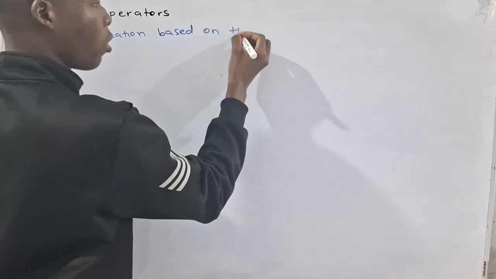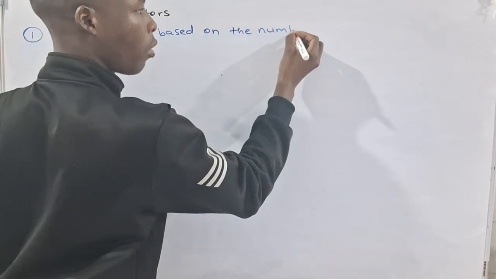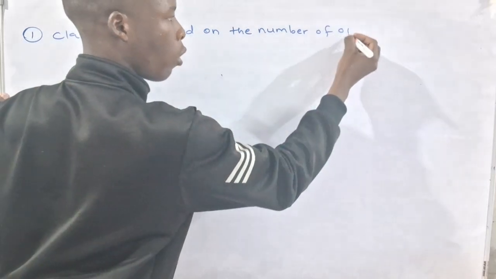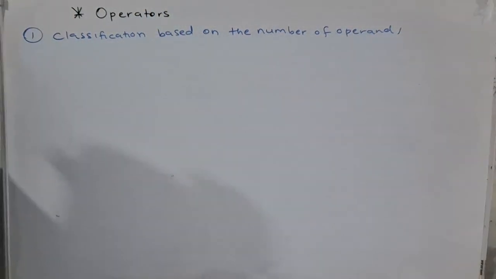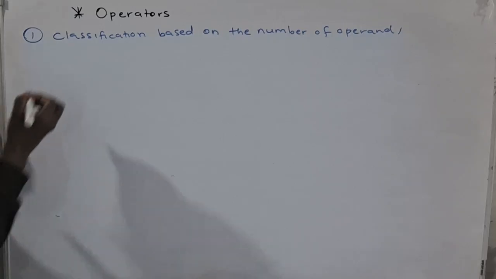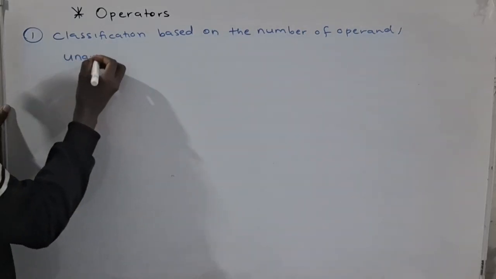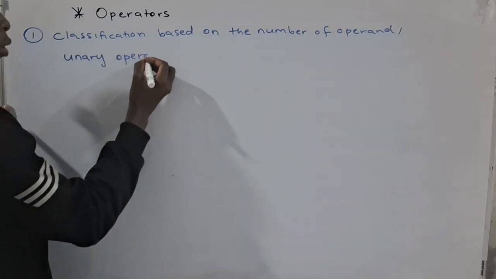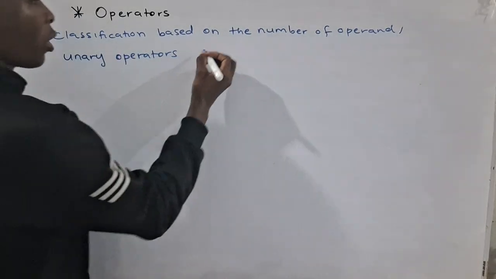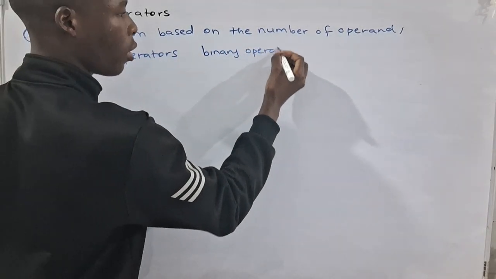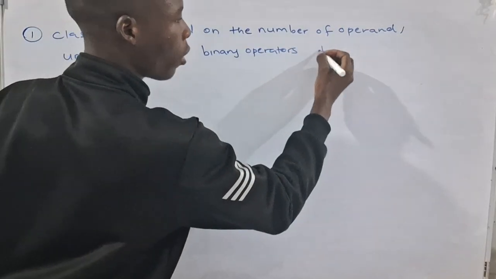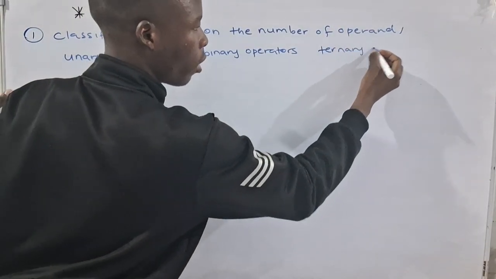If you classify operators based on the number of operands, we have unary operators, binary operators, and ternary operators.